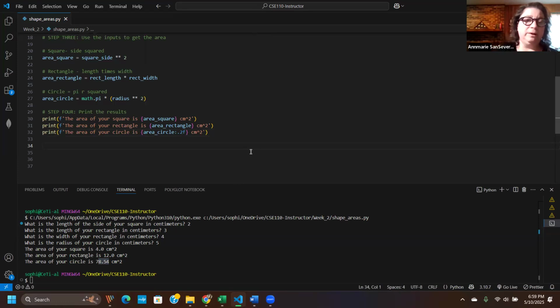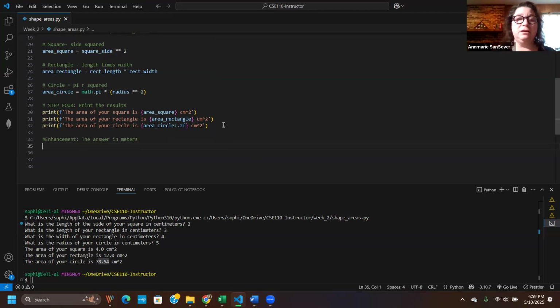Yeah, smaller to bigger. Okay, so I am going to copy all of these, and I'm going to put this as enhancement in meters. Oh, enhancement. The answer in meters. Otherwise, someone looking at this program later be like, what the heck did she mean?